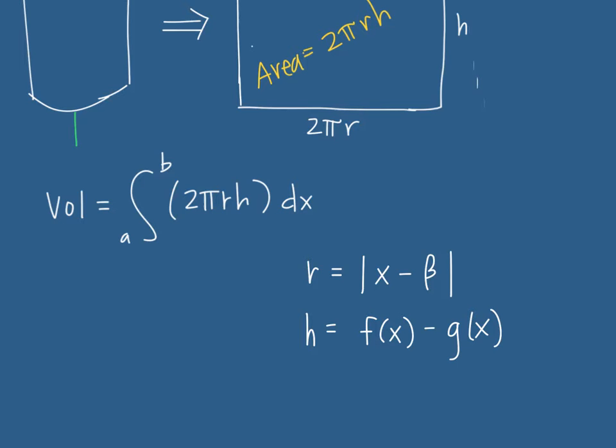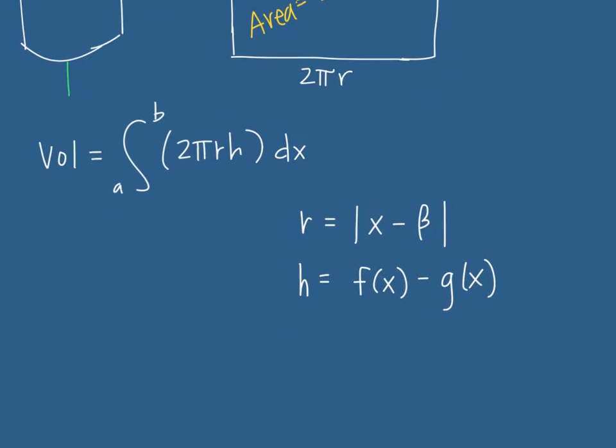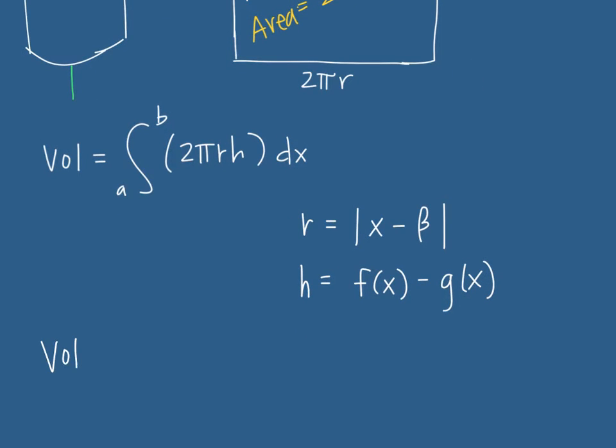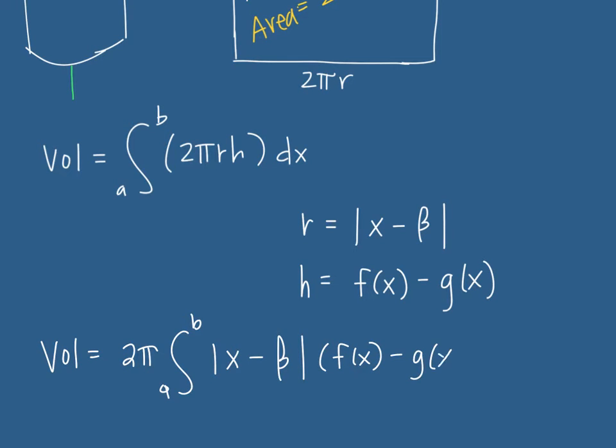So if you take the little r and the little h and you put it in your volume formula, it's going to look like this. And I'm going to pull 2 pi out to the front because those are both constants. So 2 pi integral from A to B. R is defined as the x minus the axis of rotation beta times h, which is the upper edge of the function minus the lower edge of the function, and then dx along the x-axis.